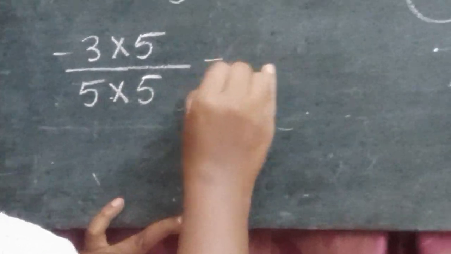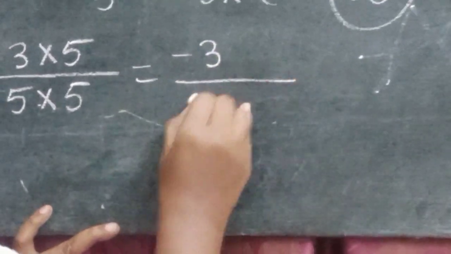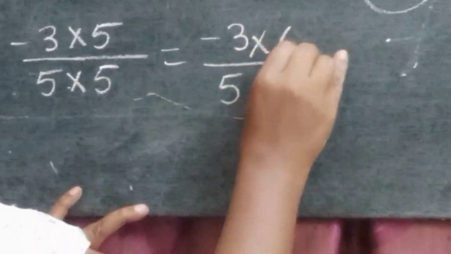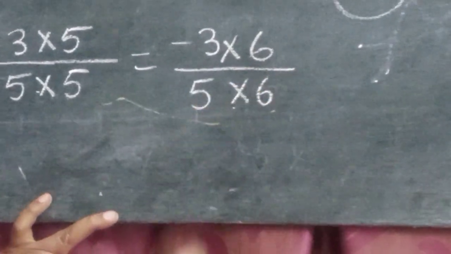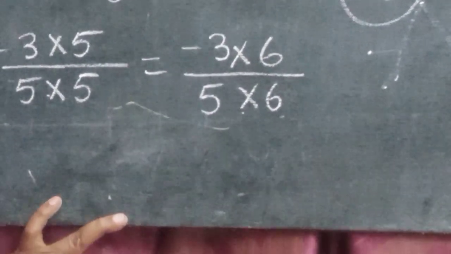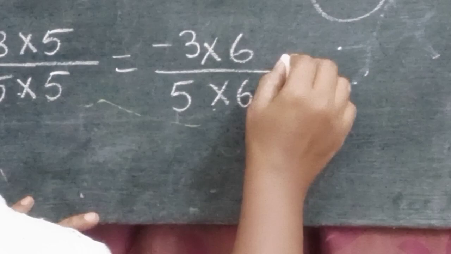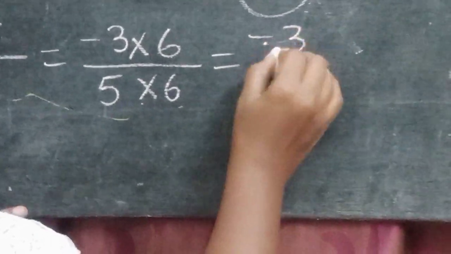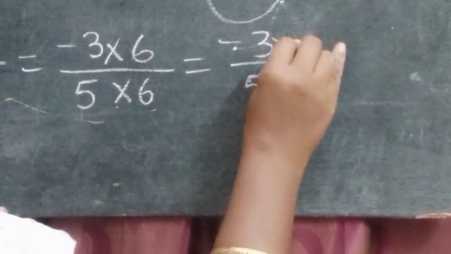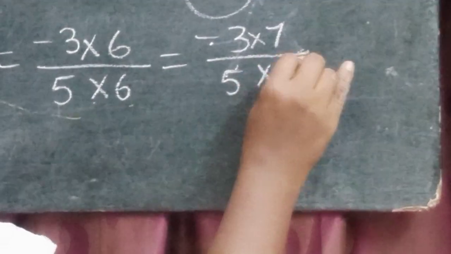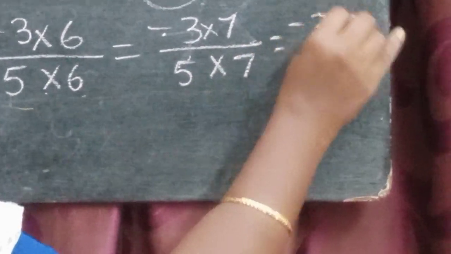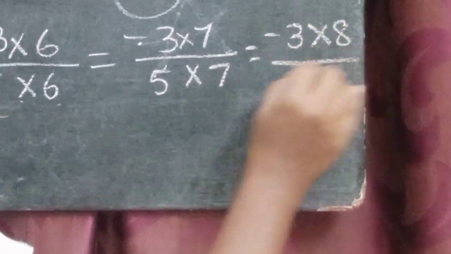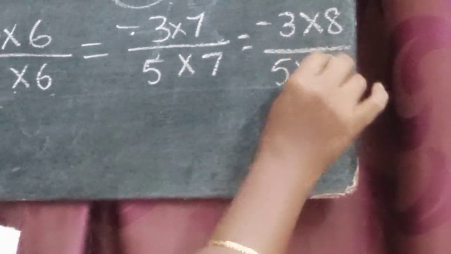The next one, -3/5 into 6. Both the numerator and the denominator you have to multiply with 6. Equal to -3/5 into 7, -3 into 8 by 5 into 8.